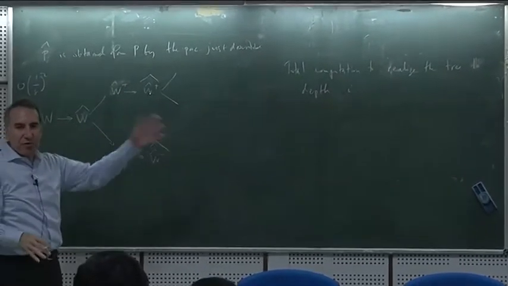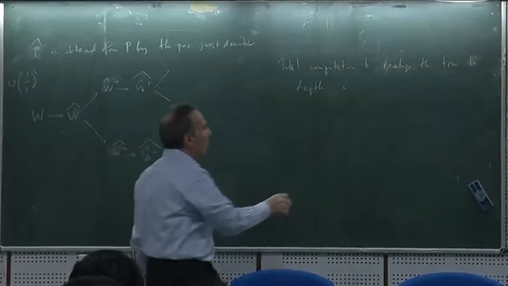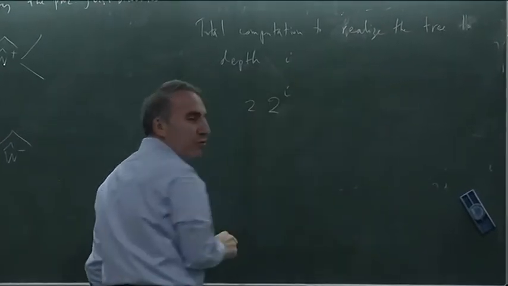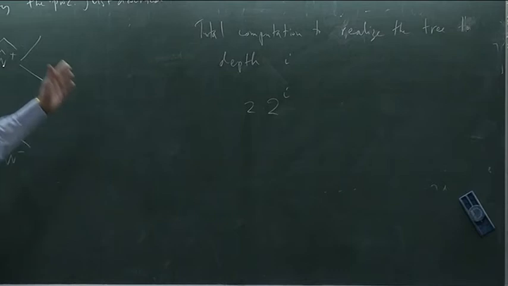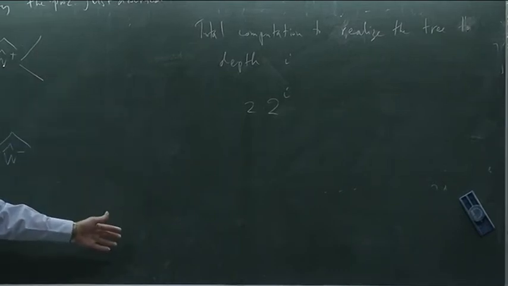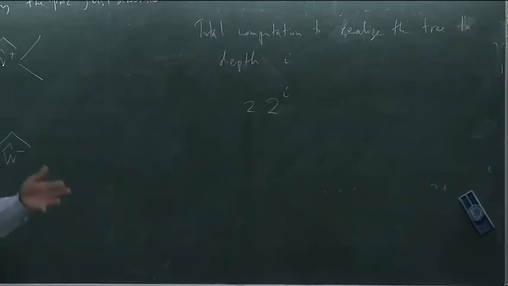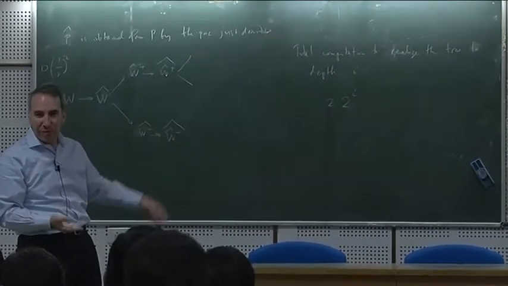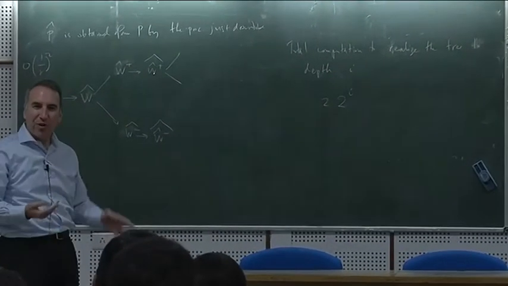The number of nodes in this tree is 2 to the I times 2, because you have 2 to the I nodes here, 2 to the I over 2, I minus 1 nodes here, the geometric sum. You sum it, you get a number which is twice 2 to the I, maybe minus 1, but okay. Minus 1 among friends is nothing.